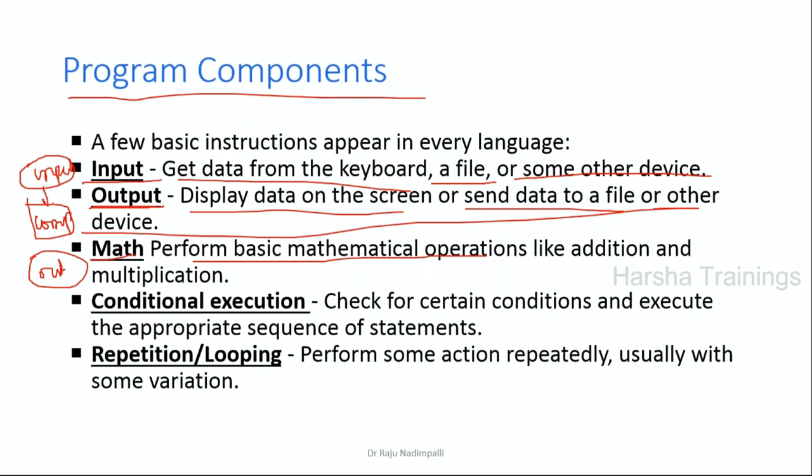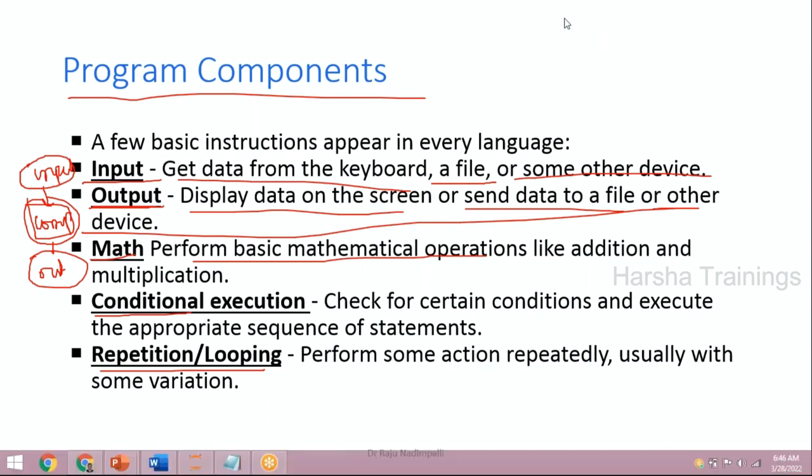The inputs will be processed, converted or computed, and then I provide some outputs. In order to do that, I need conditional statements, and I need loops or repetition statements.